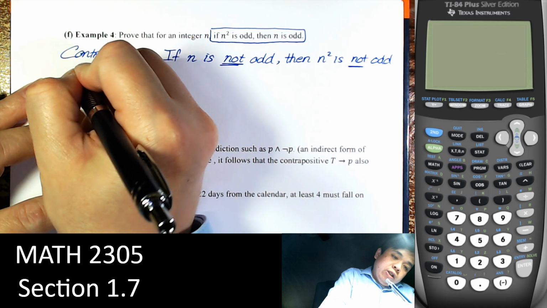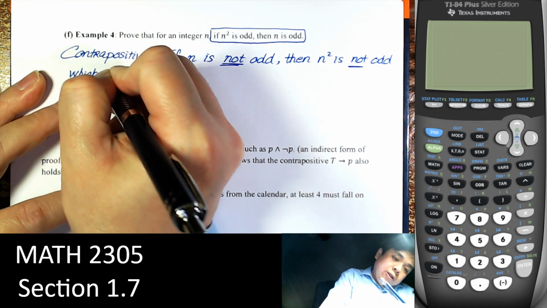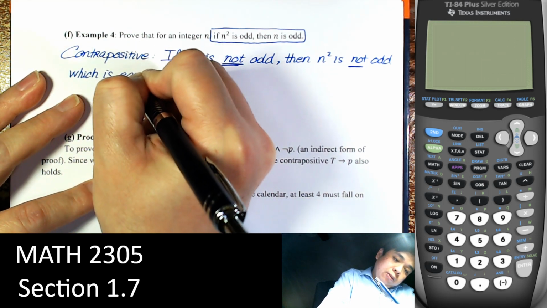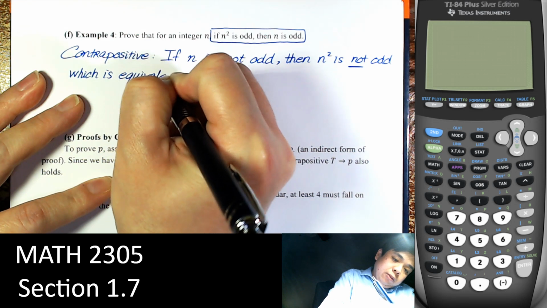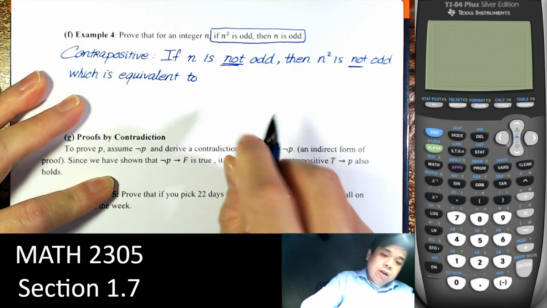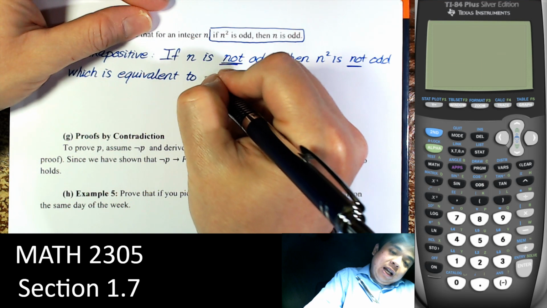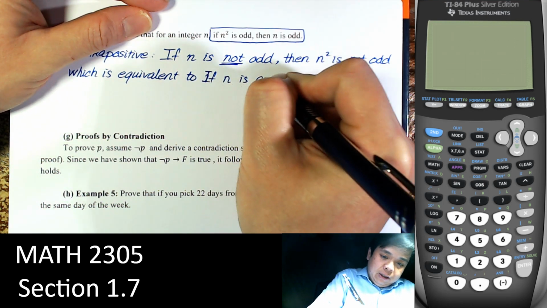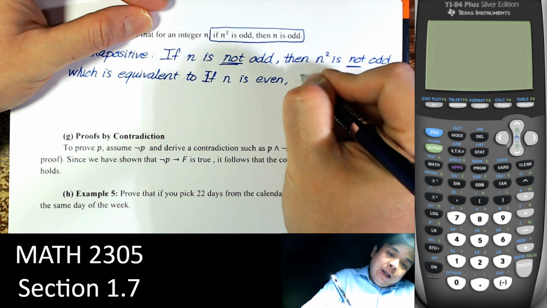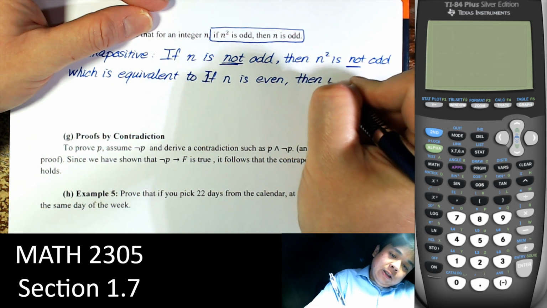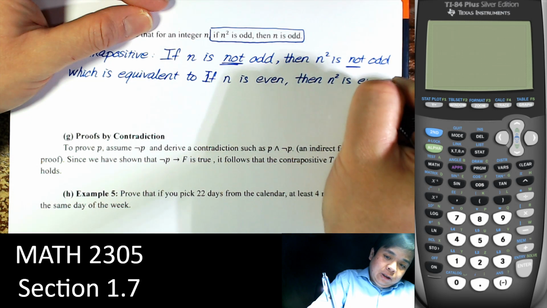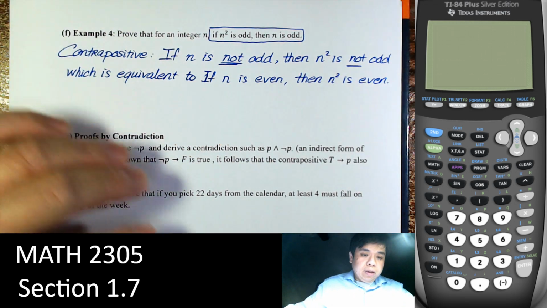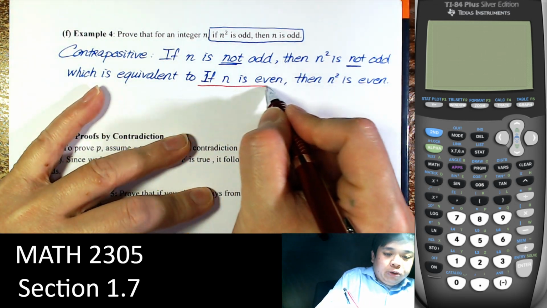Which is equivalent to: n is not odd, meaning n is even. I should say if n is even, then n square is even. And this is what we need to prove.